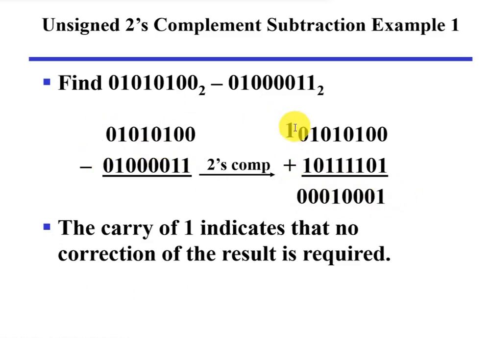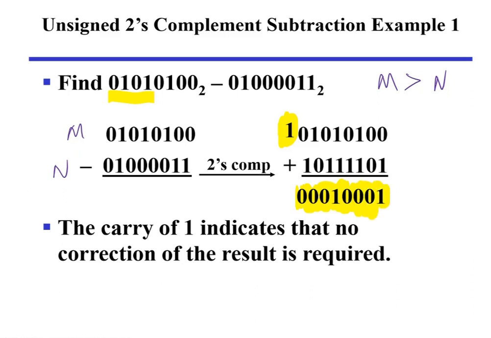In this case, what we observe is that the minuend is greater than the subtrahend. So let me just write m and n. In this case, m is greater than n. Therefore, we can discard this carry and obtain the following result.